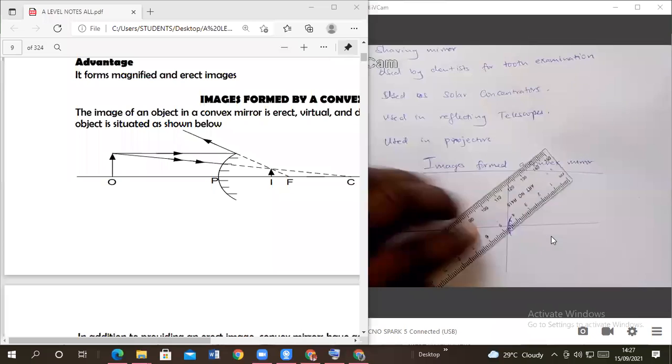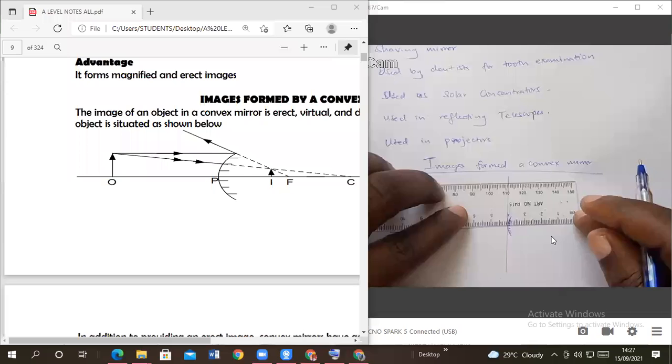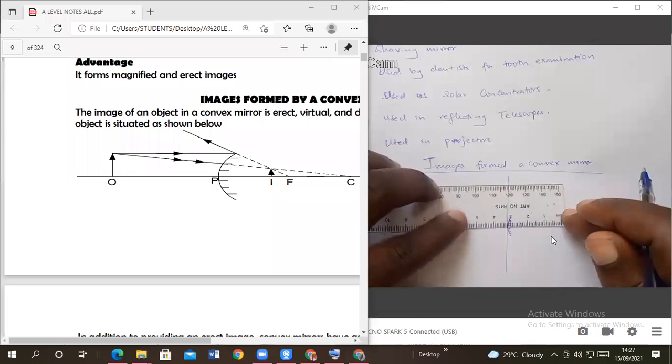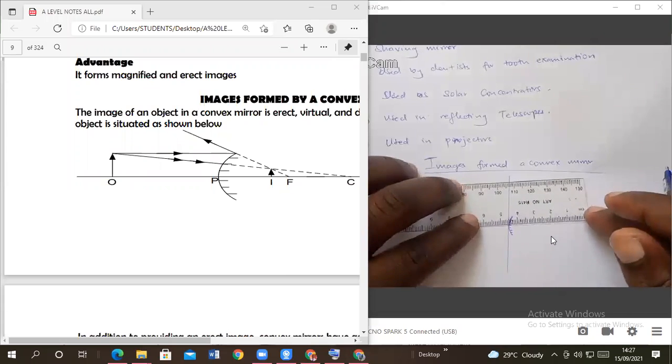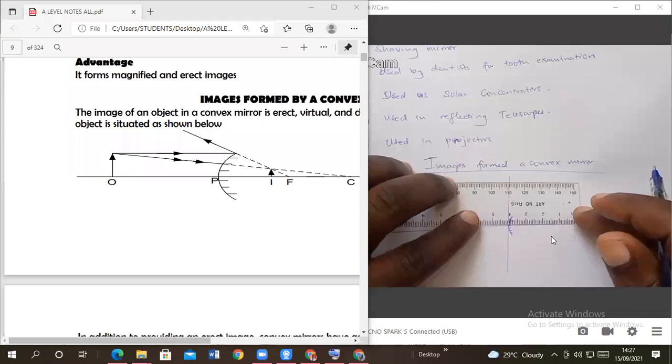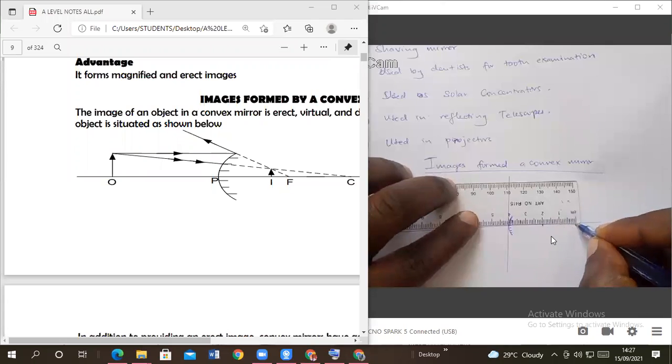What we know is that for a convex mirror, the focal point and also the center of curvature are virtual, so they are inside the mirror. So at this point here, I can put the focal point, then I can put the C there.